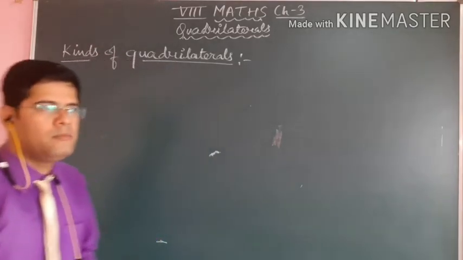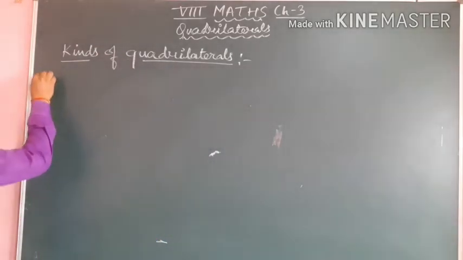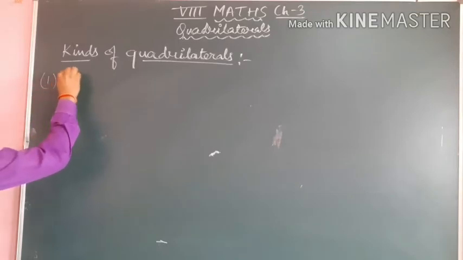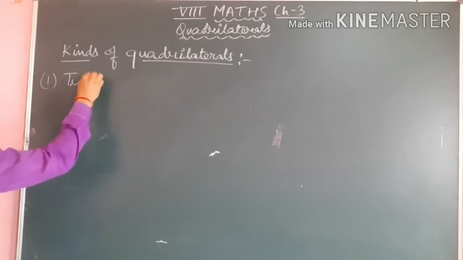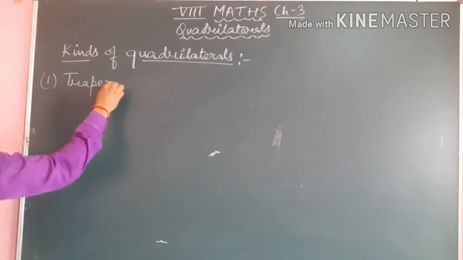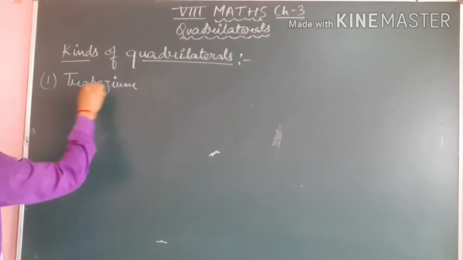So first of all, the first type of quadrilateral, that name is trapezium. Now what is trapezium?